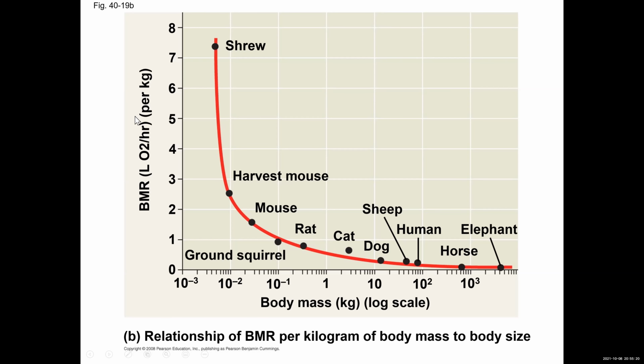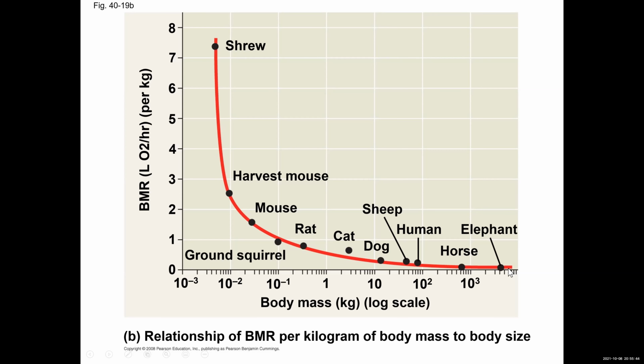All right, so we aren't just looking at its total. Right? The total amount the elephant eats per day is bigger than the total amount the mouse eats. But when we take the amount the elephant eats and divide it by the elephant's weight, or mass, and we do the same thing with the mouse, we find the mouse actually has a higher metabolic rate per kilo than the elephant does, right?